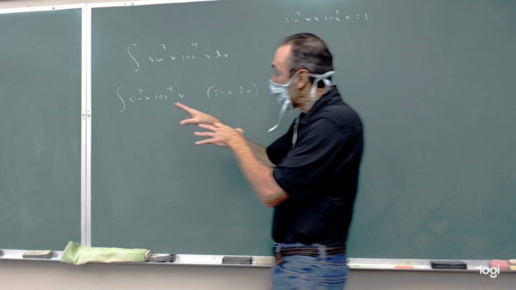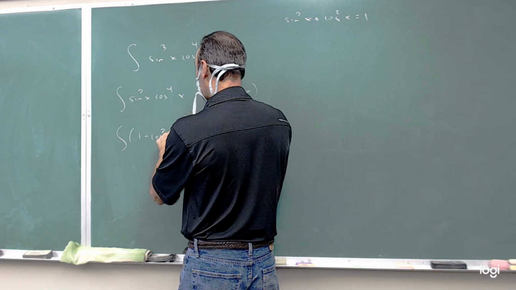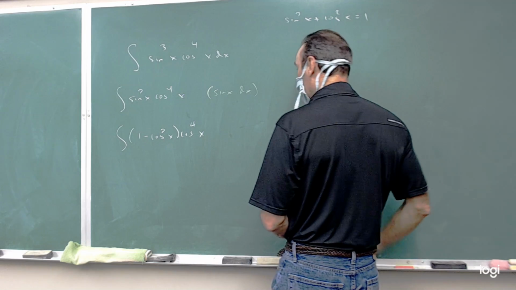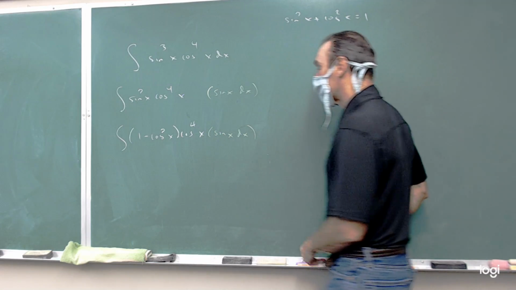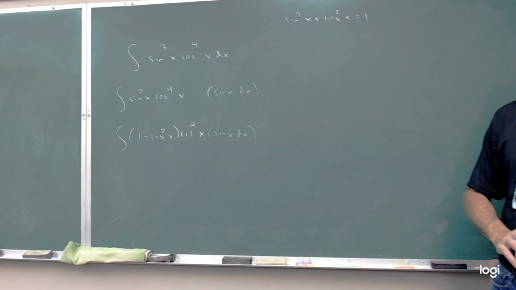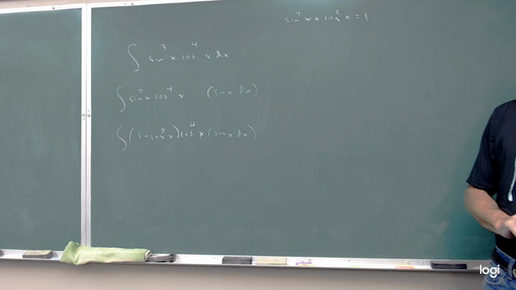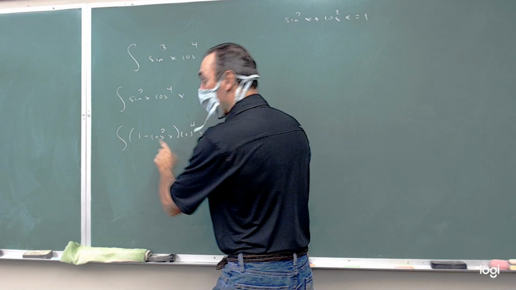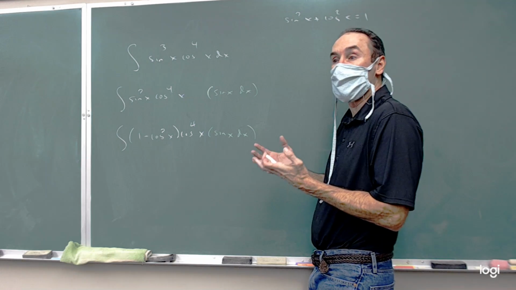Okay, so then we can trade in the sine squared for 1 minus cosine squared x. We still have this cosine to the 4th x, which we're preserving, but we're going to use this sine x that's going to be part of our du. Is that okay? So we distribute all of this over, and we get two different integrals, but they're both going to have the same u substitution.